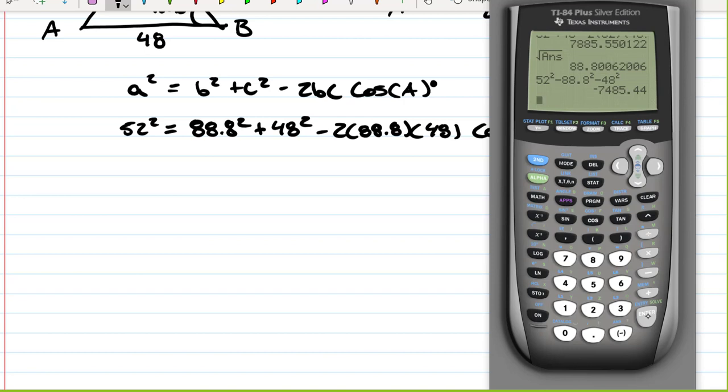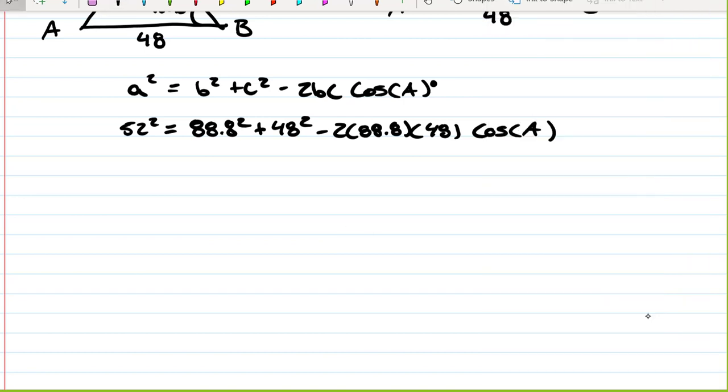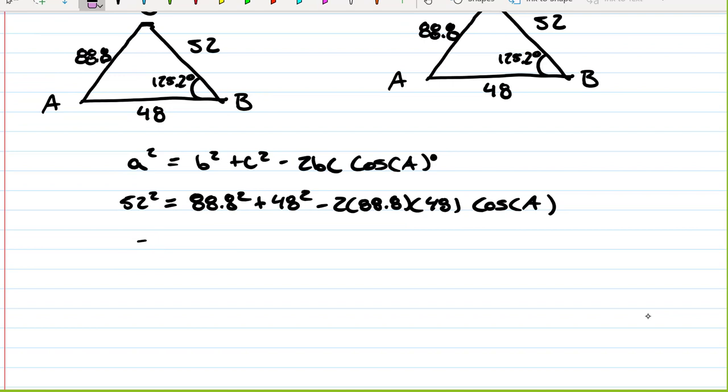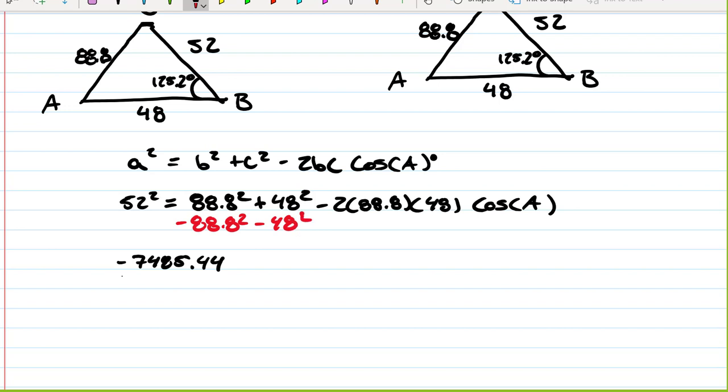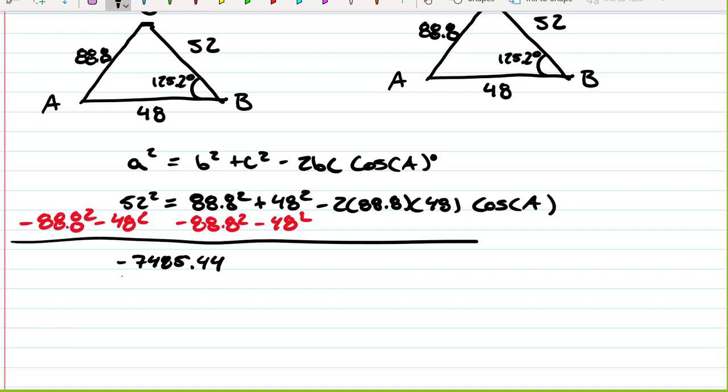And that gives us negative 7485.44. Doing so gives us that number equals negative 2 times 88.8 times 48 times cosine A.